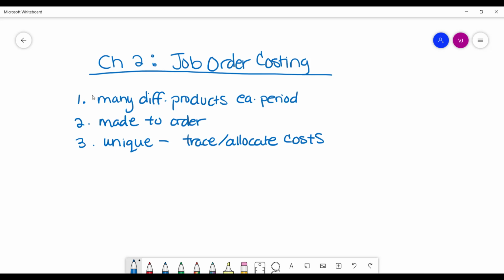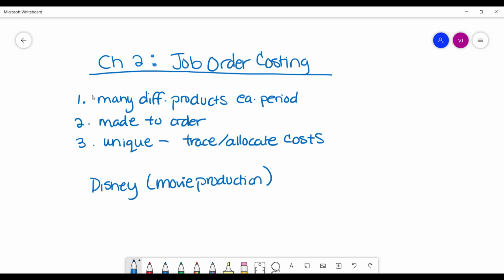An example of a company or part of a company that would need to use that is Disney, specifically its movie production. If Disney makes a movie, that movie is going to be different from the prior movie that was worked on, right? It's produced to order, and it's going to be unique.